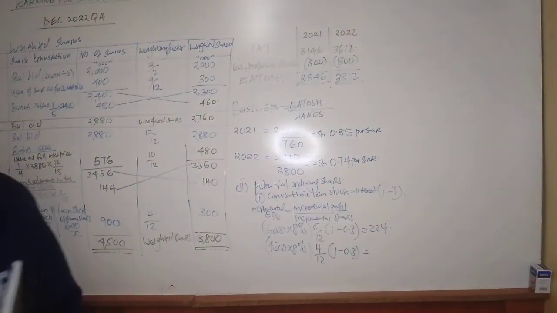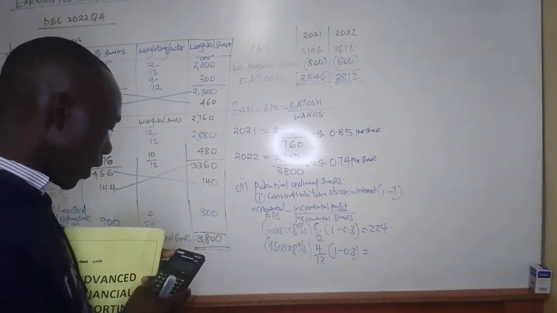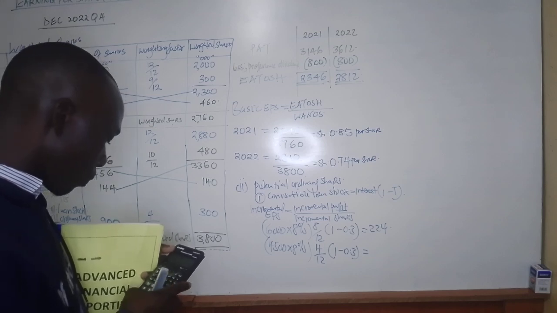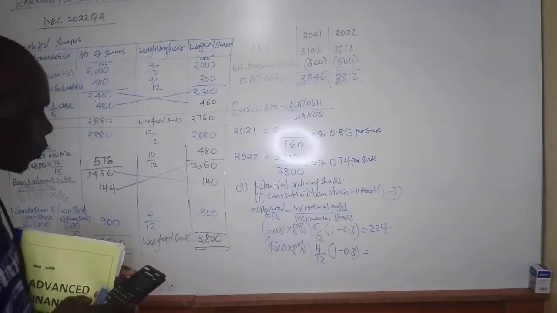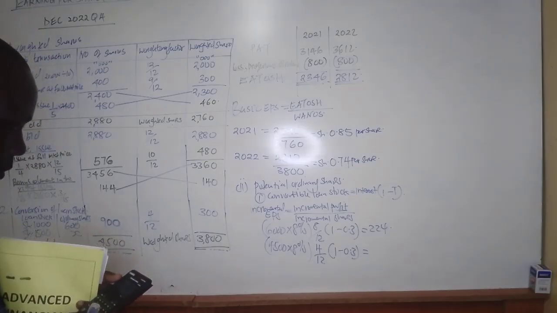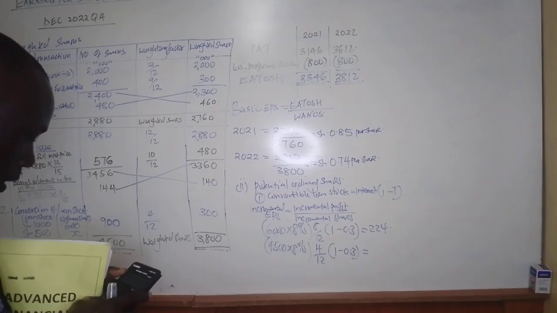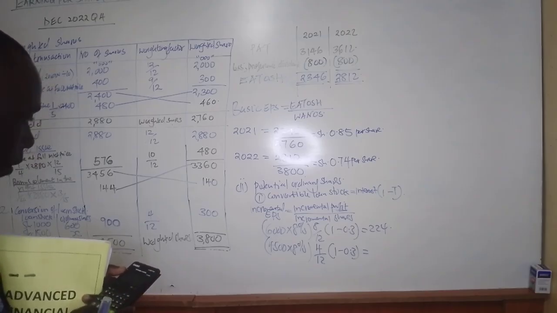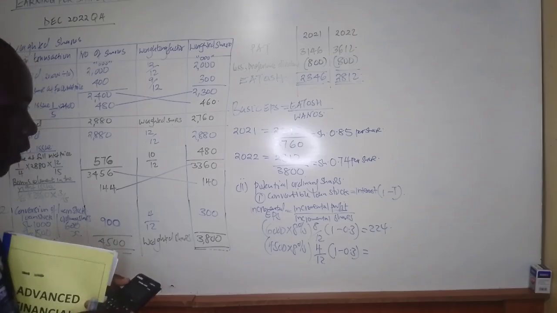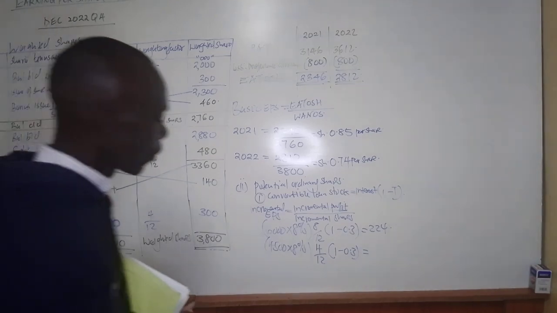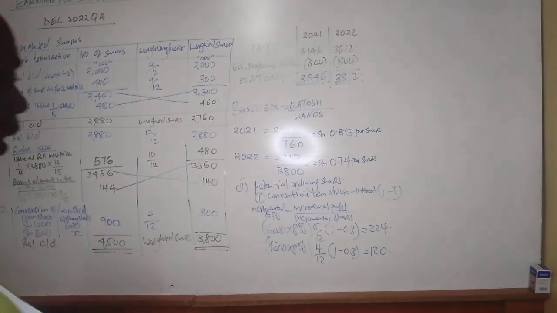So it is 4,500 times 8%, then you multiply by 4 out of 12.